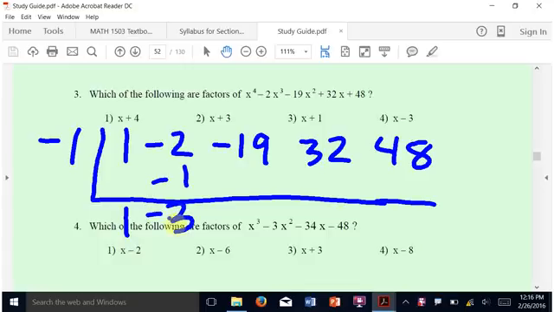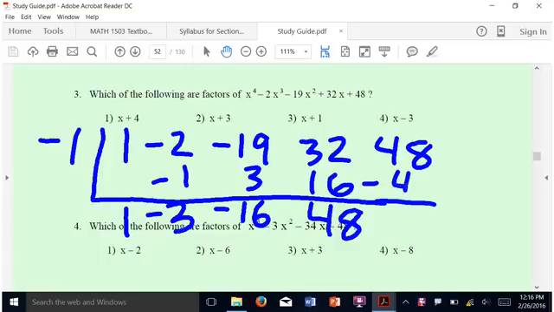Negative 3 times negative 1 is 3, and add to get negative 16, and multiply negative 1 times negative 16 to get 16, you get 48. 48 times negative 1 is negative 48, and we get a remainder of 0. So this means, according to the remainder theorem and the factor theorem, that negative 1 is a 0, that means x plus 1 is a factor.